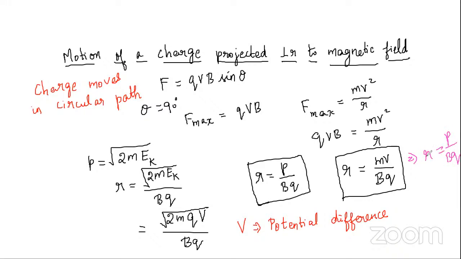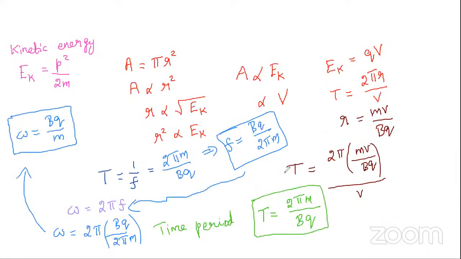From this equation, R equal to p by BQ, that means p equal to BQ into R. So from this, we can calculate the kinetic energy. So p squared equals B squared Q squared R squared, divided by 2m.